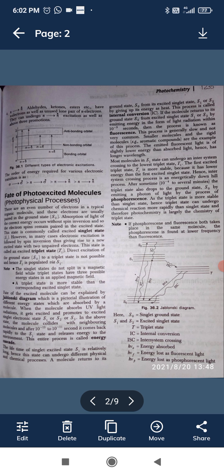Most molecules in the S1 state can undergo intersystem crossing, that is ISC, to the lowest triplet state. The first excited triplet state T1 is more stable because it has lower energy than the first excited singlet state. Hence, the intersystem crossing process is an energetically downhill process.